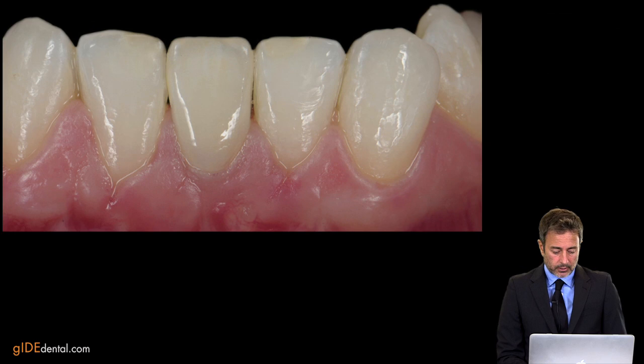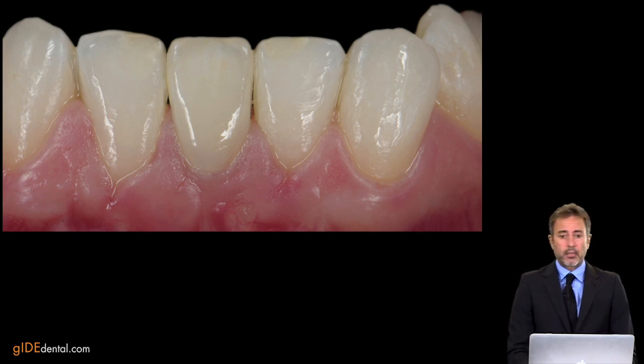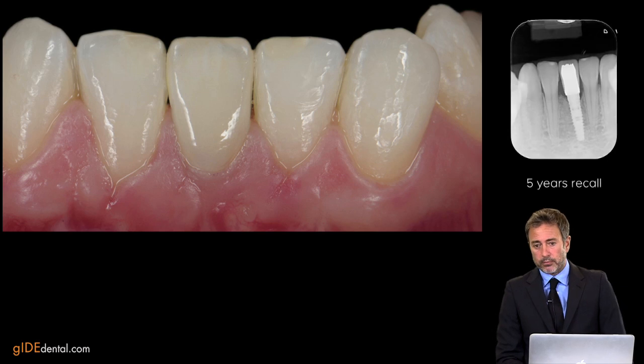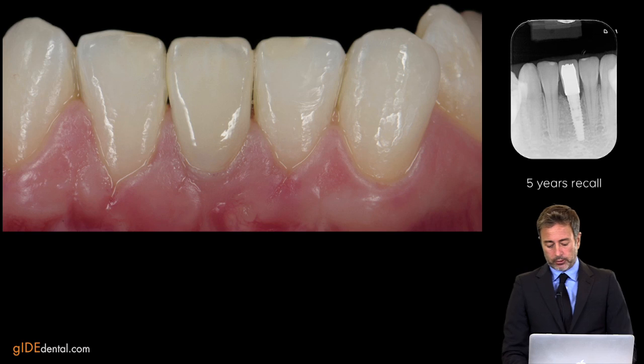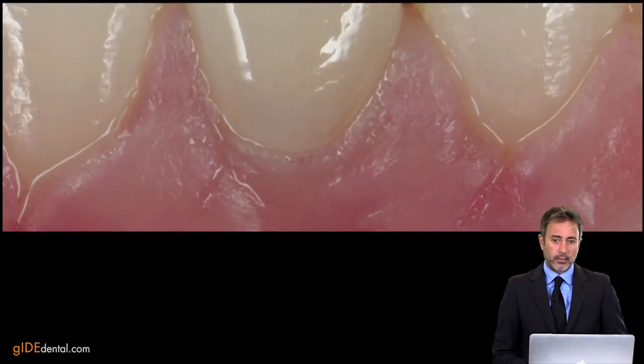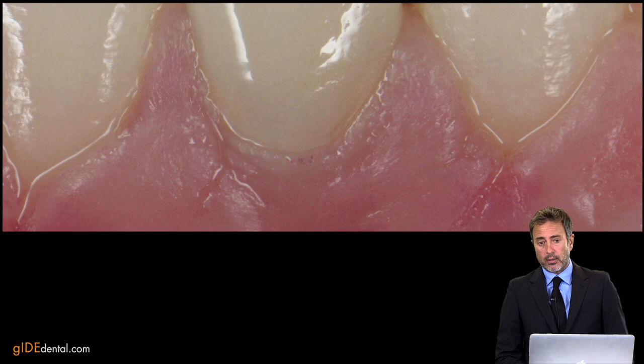This is the previous case which you saw, a case with a central incisor positioned in place, and the radiograph after 5 years down the road looks stable. As we know, most of the changes happening in implant rehabilitations are in the first 2 years.